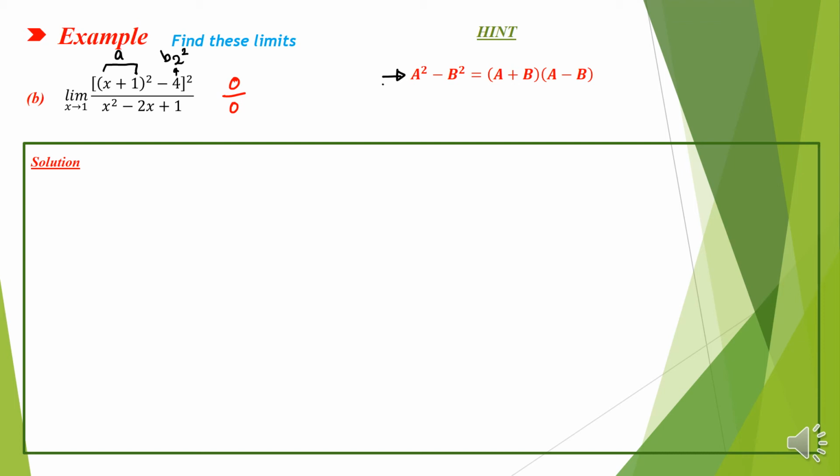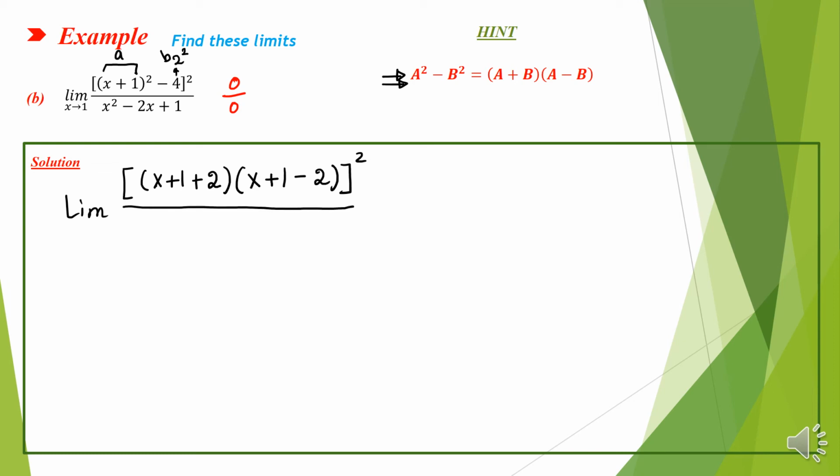Then you have to apply the difference between two squares and you will get the limit of a plus b times a minus b. So it will be x plus 1, this is a, plus b, 2, times a, which is x plus 1, minus b, which is 2, all squared, divided by, what about the denominator?